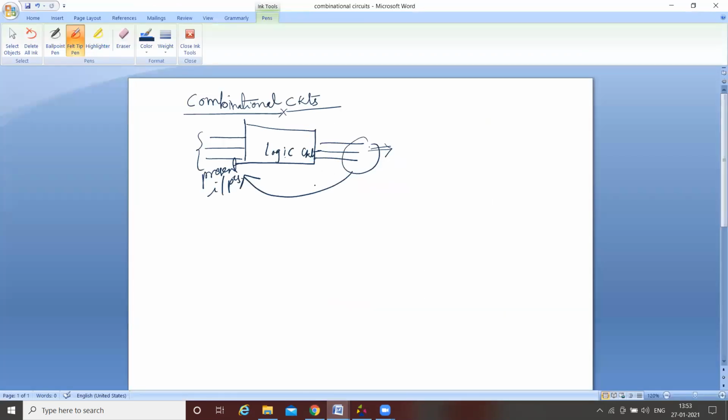Now I'll explain from here. The first one is the half adder circuit. Here it adds only two binary digits. Consider A is one binary digit and B is another digit. A is a binary literal, meaning it may have 0 or 1.